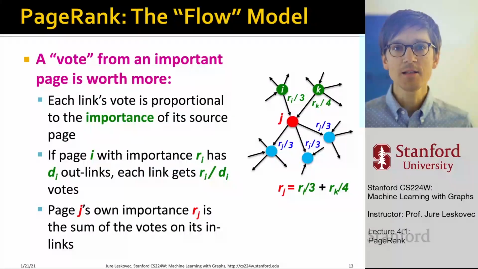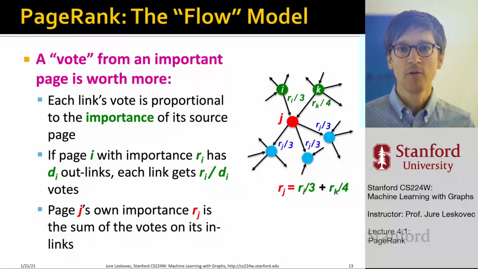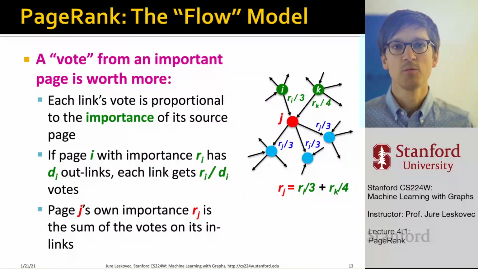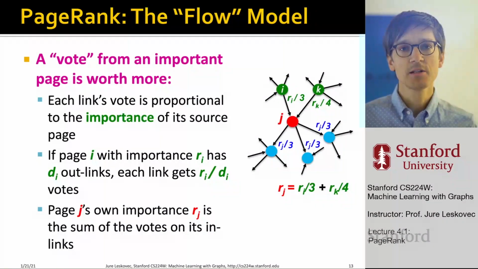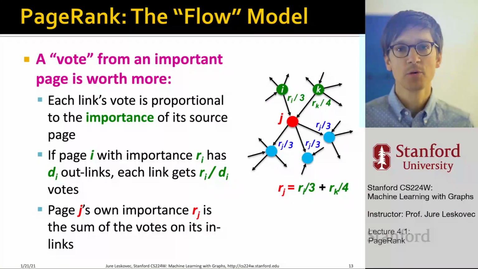So the idea is that a link from an important page is worth more. The way we formalize this is to say that each link's vote is proportional to the importance of the source page, because these are directed links.